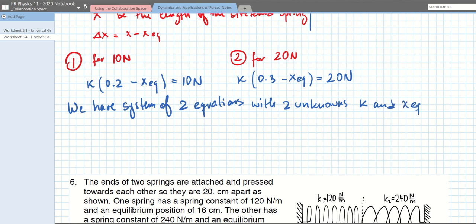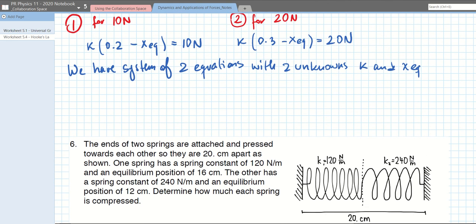Now notice the x equilibrium is going to be the same because it's the same spring. It will return to the same position once the force of gravity is no longer there. So the k, the spring constant, and the x equilibrium are going to be exactly the same. That's why we can write the system of equations. Otherwise we would need a third equation if the x equilibrium were different.